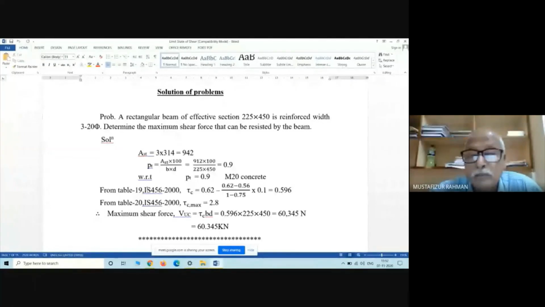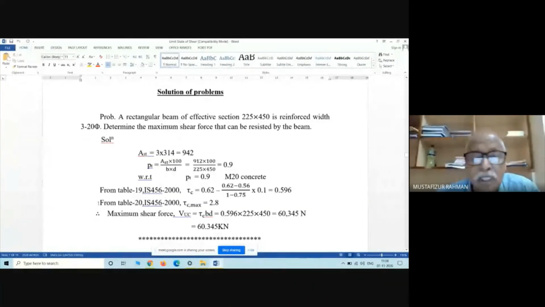Now the induced shear stress we do not need to write, because we are not calculating the induced shear stress.